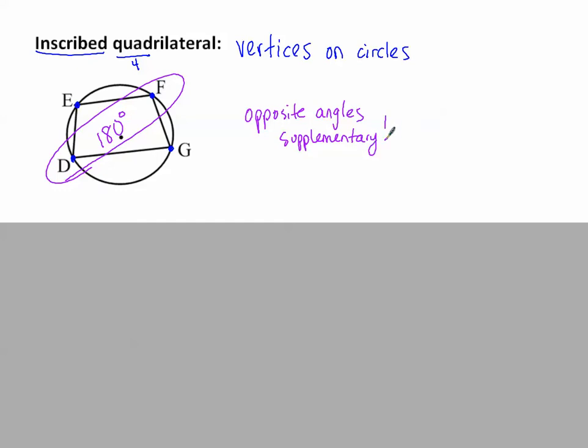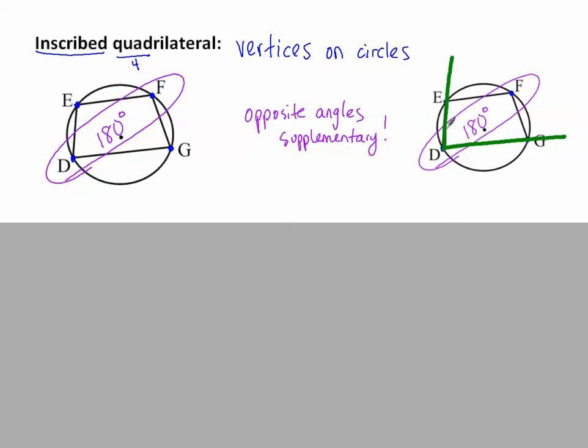Why? Well, let's do a little exploration. So look for a moment. I trace the sides of this angle and just watch. The intercepted arc. Let's say that this intercepted arc is 160 degrees. How much would that inscribed angle be? Exactly half. So it would be 80 degrees.